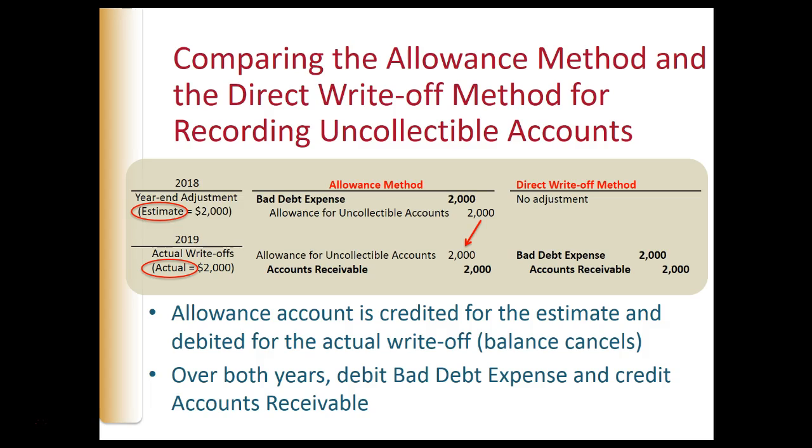The difference between these two methods is all in the timing. It's really important to understand that. But again, for our purposes of accounting, timing is everything. We want to report the expenses associated with those revenues.